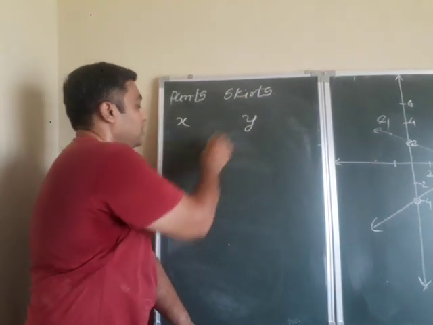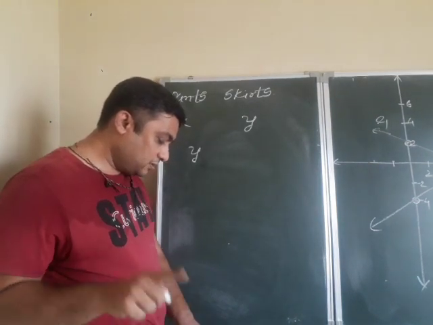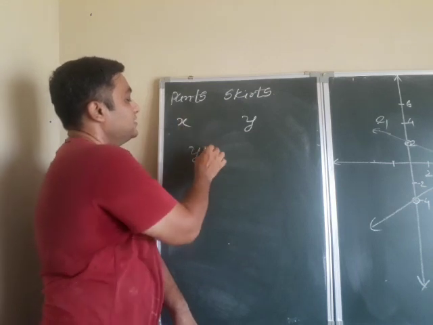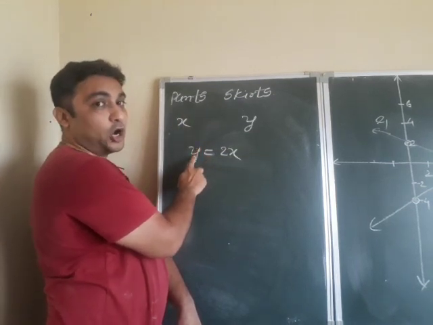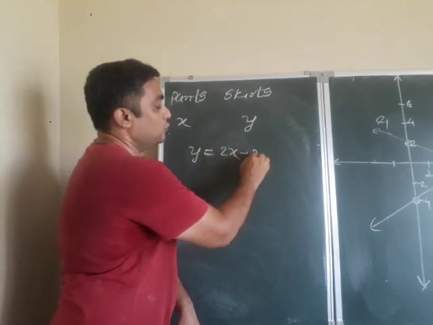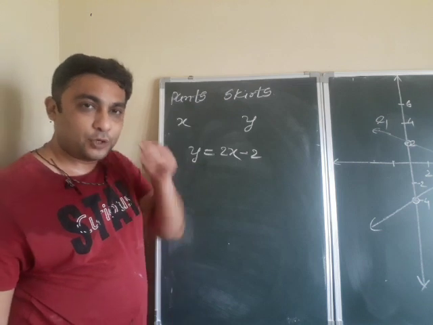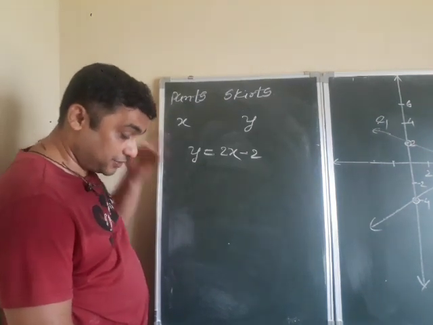The number of skirts, it means y, is 2 less than twice the number of pants. Twice the number of pants is 2x, so the number of skirts she bought is 2 less than that. So one equation is ready: y is equal to 2x minus 2.